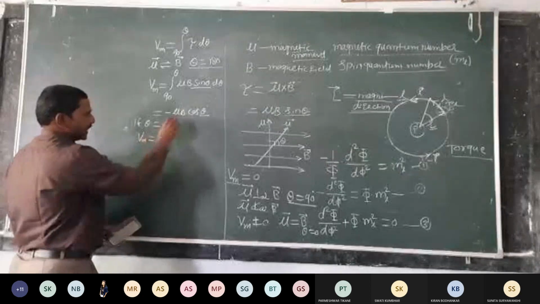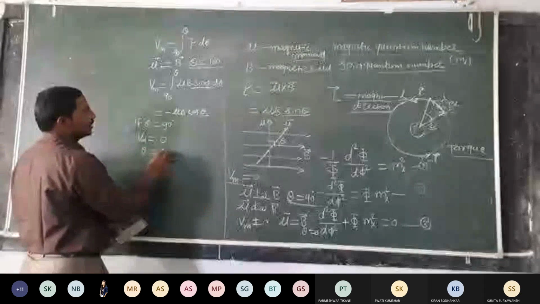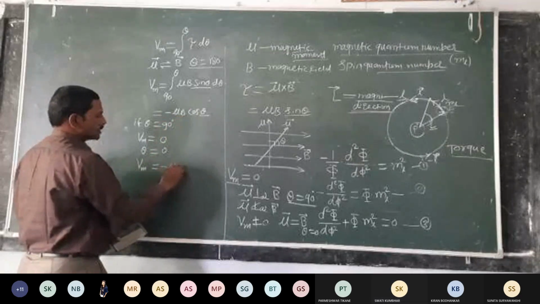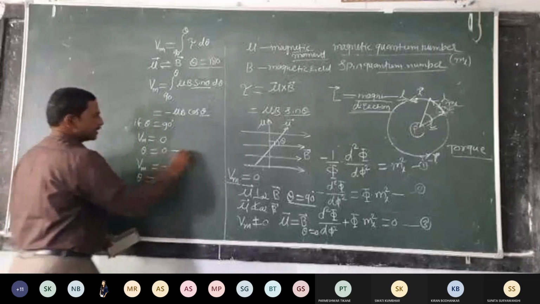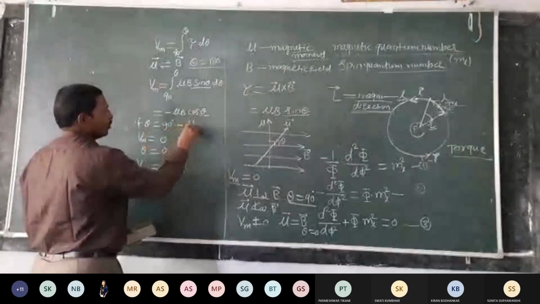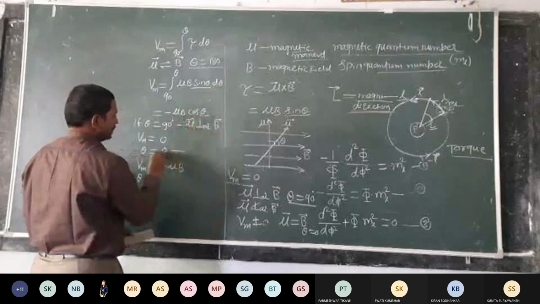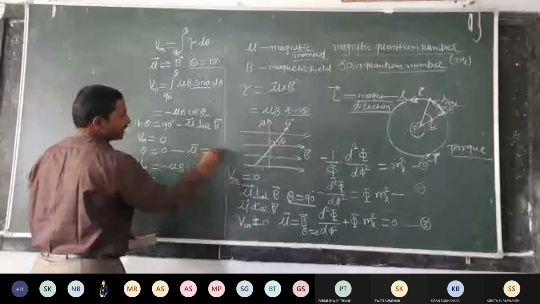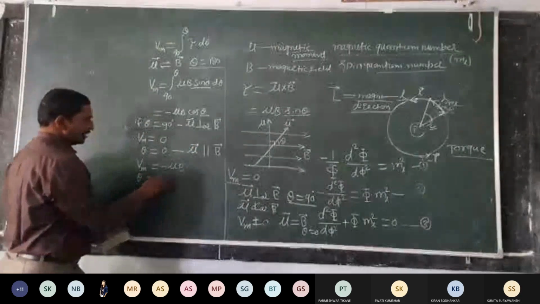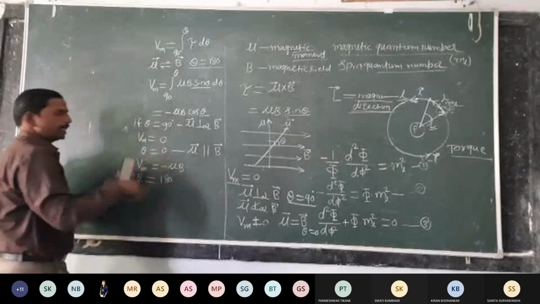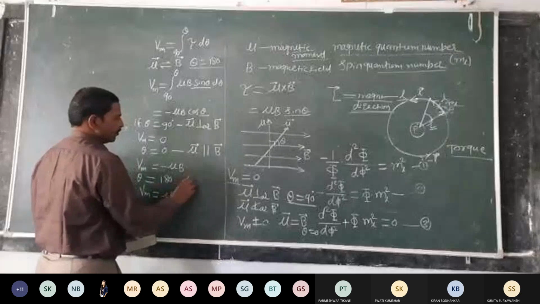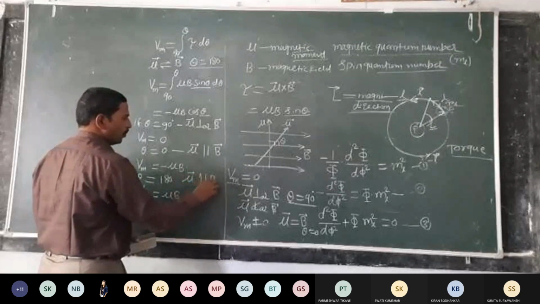If theta is equal to 0, then Vm is equal to minus mu into B, meaning mu is parallel to B. If theta is equal to 180, it means mu is anti-parallel to B, then Vm is equal to plus mu into B.